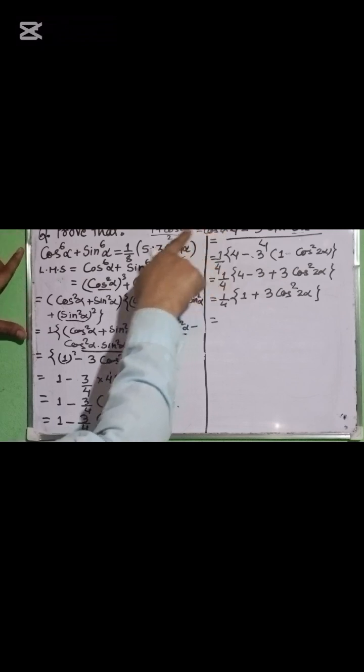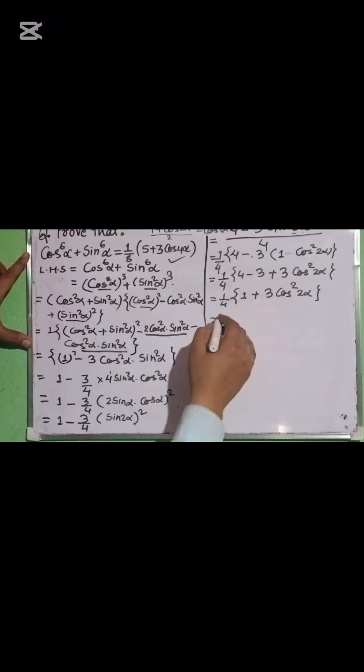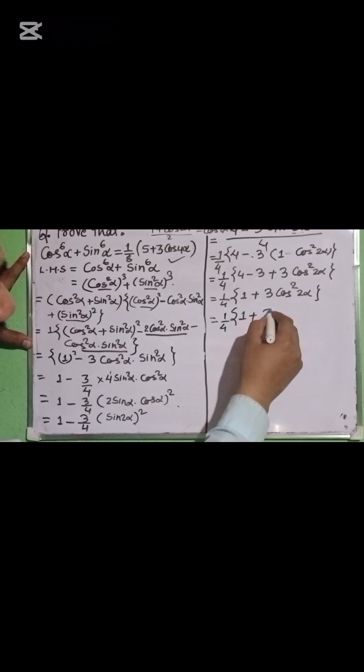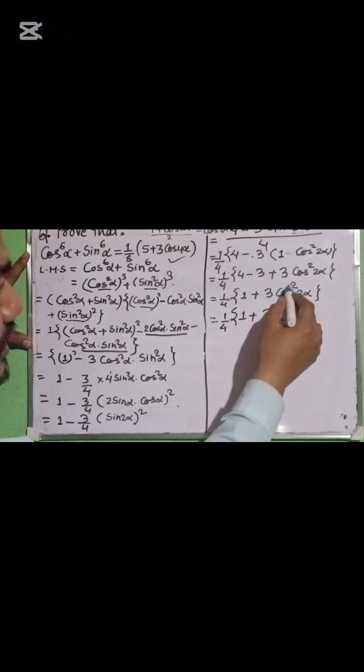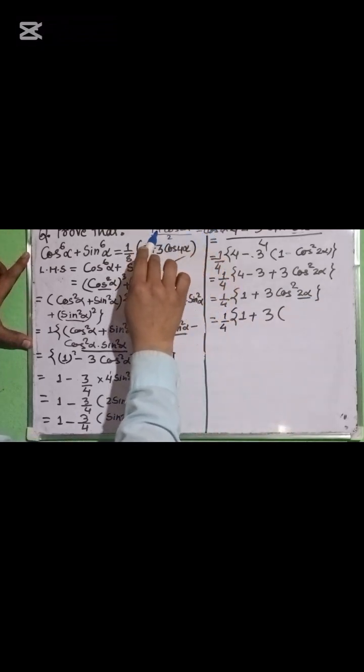Now what I had told here, cos square alpha means 1 plus cos 2 alpha by 2, and the same thing applies here also. 1 by 4, write this 1 plus 3, and in place of cos square 2 alpha, look here is cos square alpha, then it will be 1 plus cos 2 alpha.